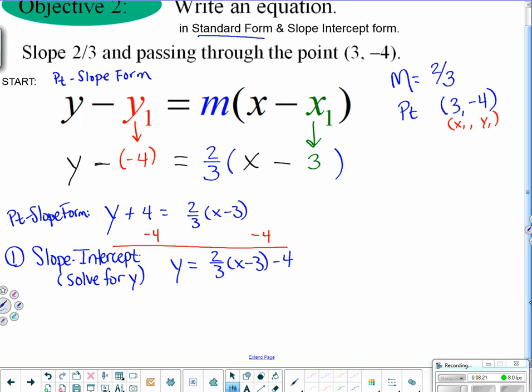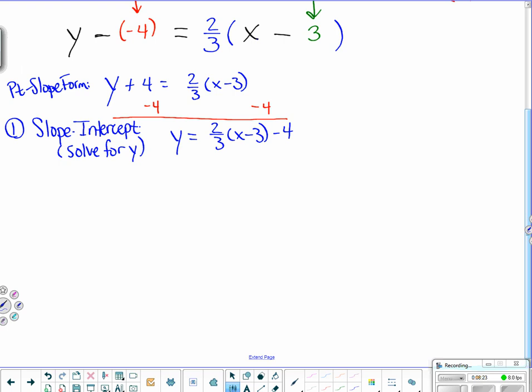I bet it's not what you're thinking either. If I want slope-intercept form, I really want y equals mx plus b, just like we were working with on the previous page. If I want that form, then I need a number times x and then just another number at the end. I still see multiplication. So let's distribute through here.